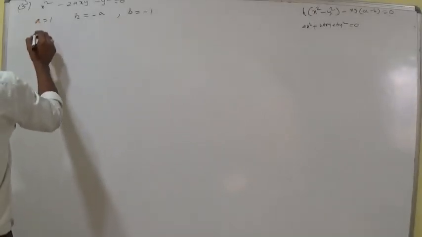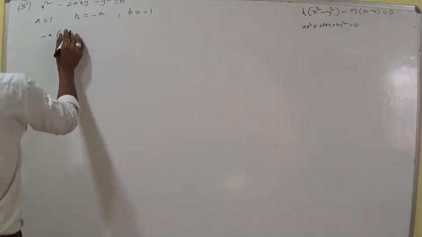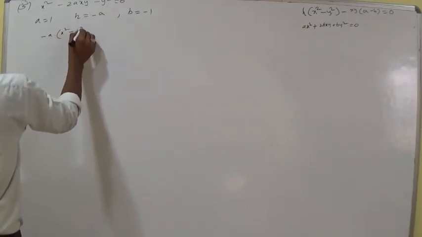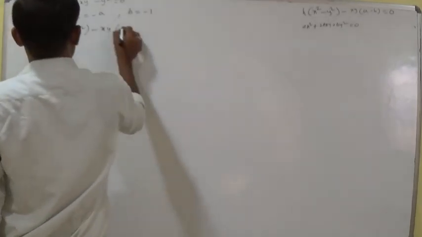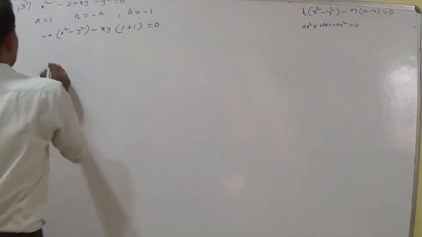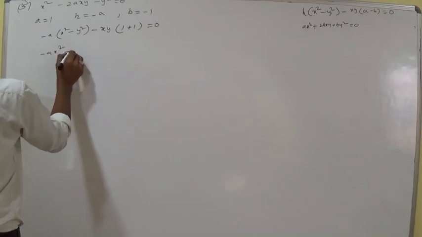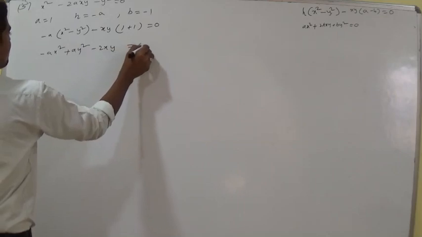So the combined equation of the bisectors is h into x square minus y square minus xy into a minus b. Here a is equal to 1 and minus b is equal to minus of minus 1, plus 1. So minus a x square plus ay square minus 2xy is equal to 0.